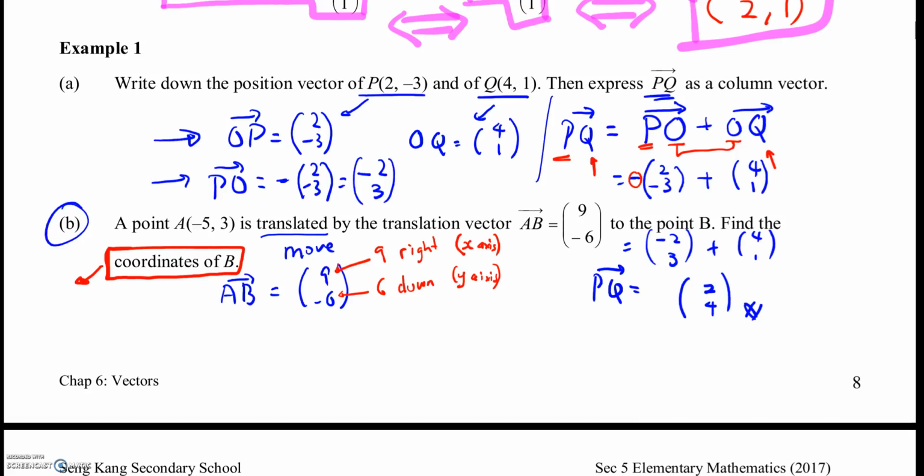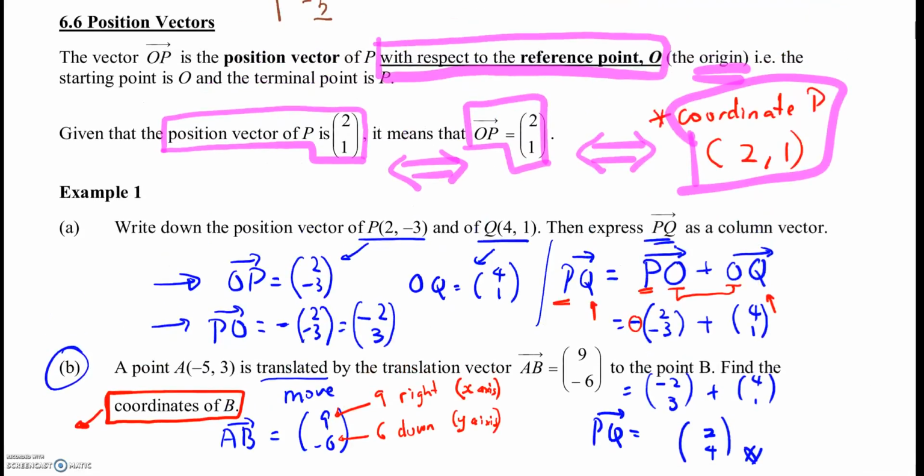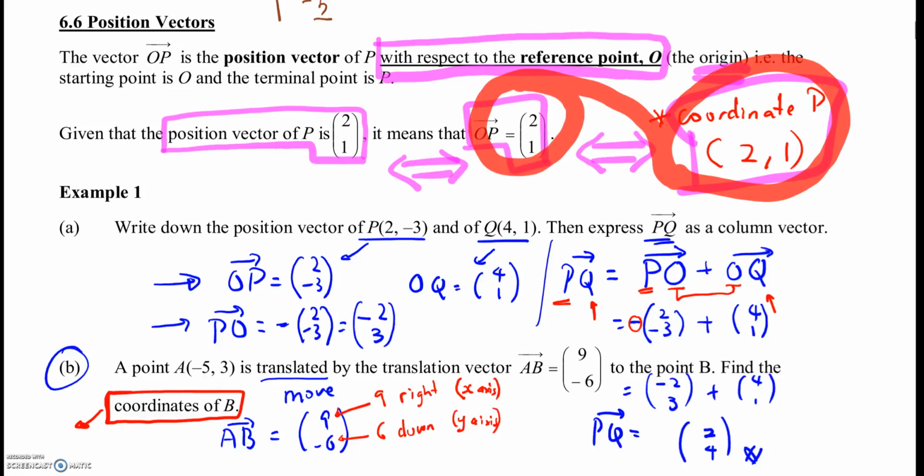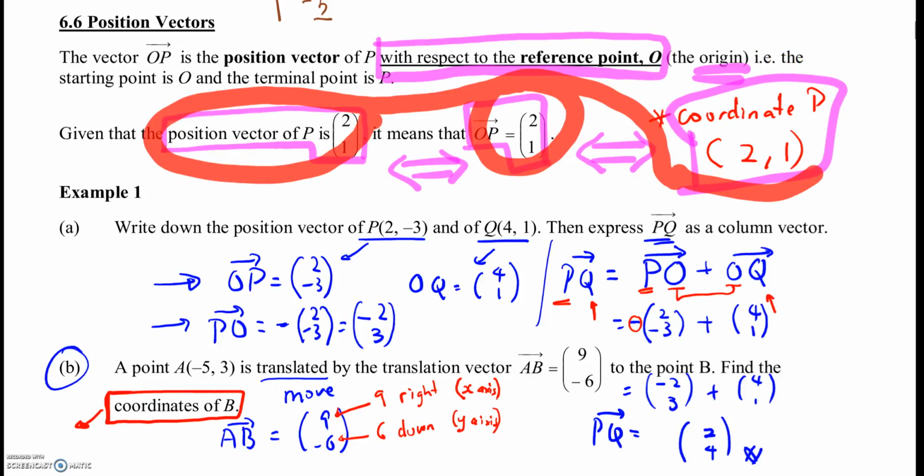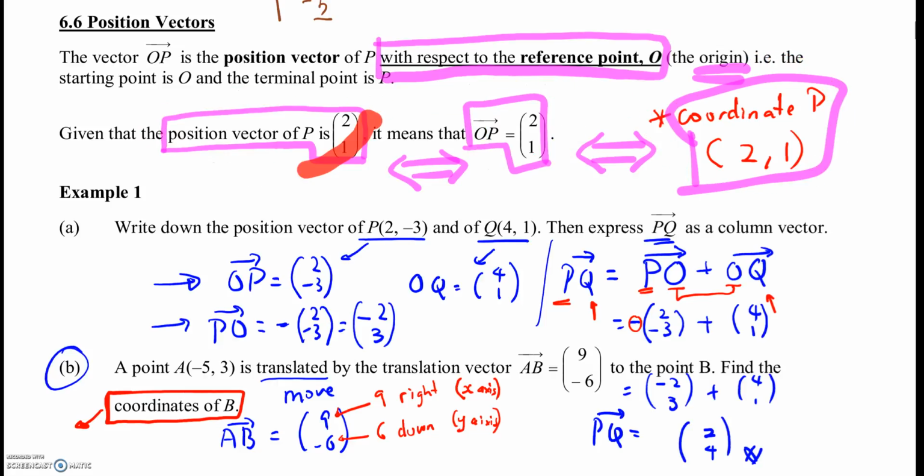OB. Why? Because remember I said, whenever I give you a coordinate, you must be able to tell me it is OP, their position vector. So now I give you the coordinate of P, then you must tell me the name is actually called OP. Do you follow?